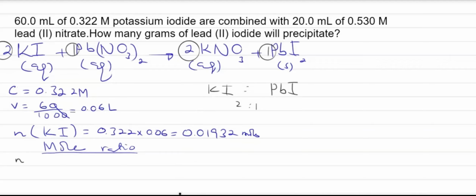So the moles of lead 2 iodide is half of that.